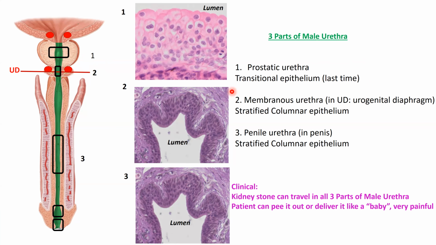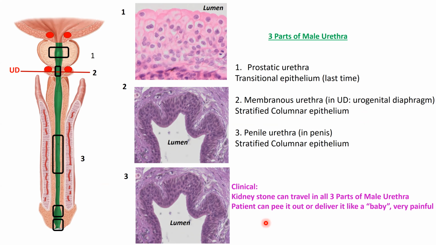This is what we call the membranous urethra, labeled with 2. Again, observe the urethra is the green guy. And this is where stratified columnar epithelium will show up, and it will continue in the penis. So the penile urethra is also stratified columnar epithelium.